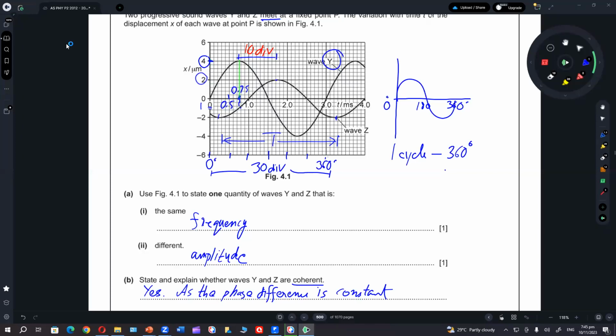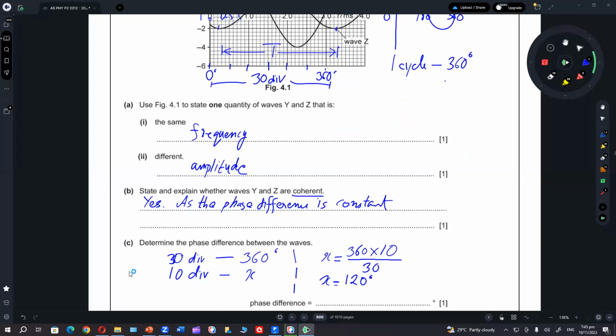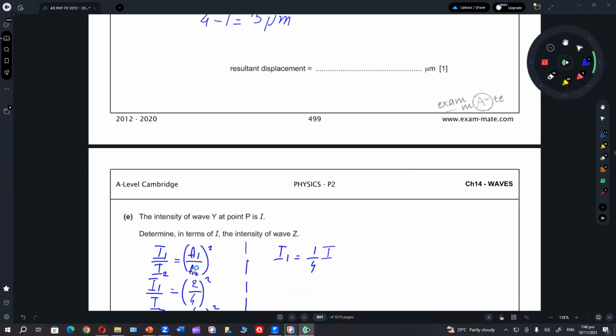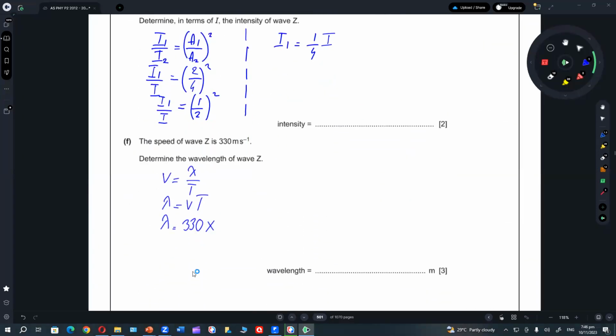So the time period is 3 milliseconds. Okay, 3 milliseconds. So we take this value, 3 milliseconds. So I will take it 3 into 10 to the power minus 3.